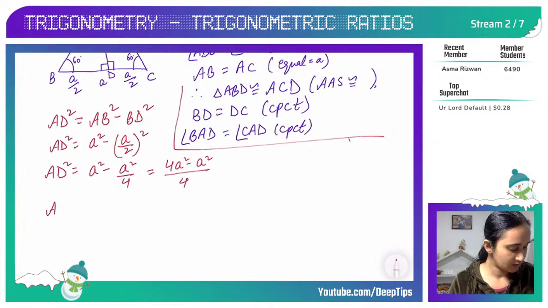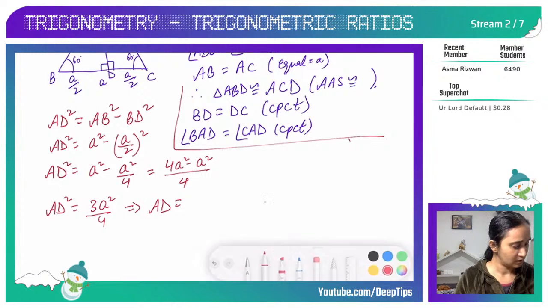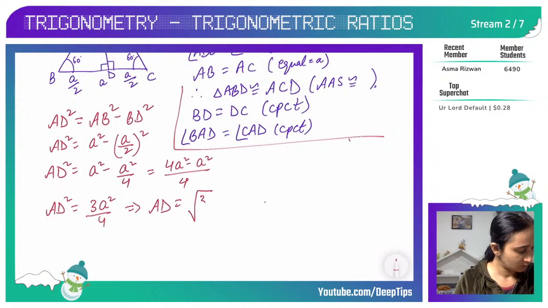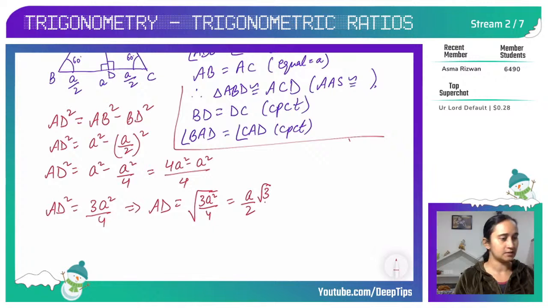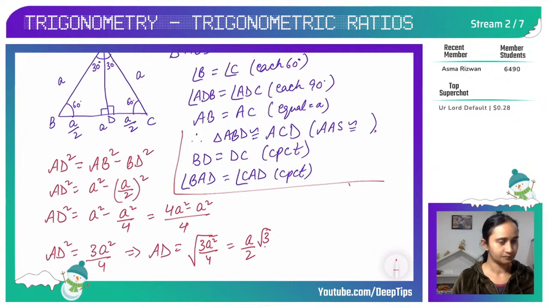So we can say that AD square is equal to 3A square by 4, and if we take the square root, it is root 3A square by 4, which is equal to A by 2 comes out and root 3 stays inside. Okay, so A by 2 root 3. So this is the value of my AD, right?